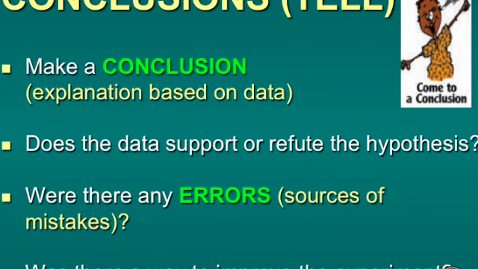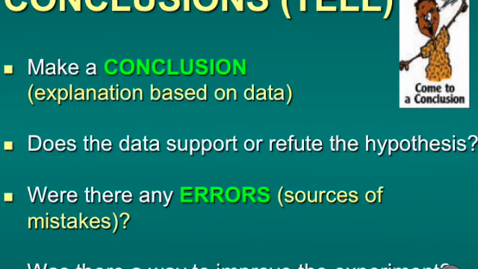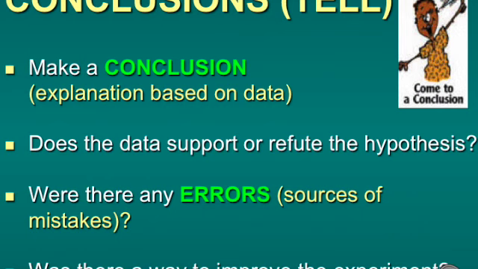And last but not least, you want to provide the next step, which is to improve upon the experiment, or even if it's to take it in a new direction, to identify the direction that you will go in from here. The number one thing about the scientific method is that it's never really over. You always start back over again.